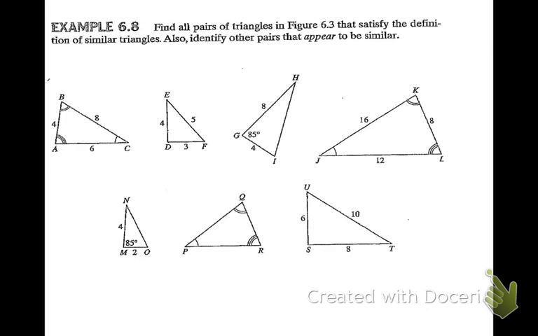Take a few minutes and identify the triangles in here that are proportional by meeting that requirement, and then which ones appear to be, but we don't have enough information. I'll give you a few minutes to look at that. You'll have to sort of test out some ratios and stuff like that to see if it works.